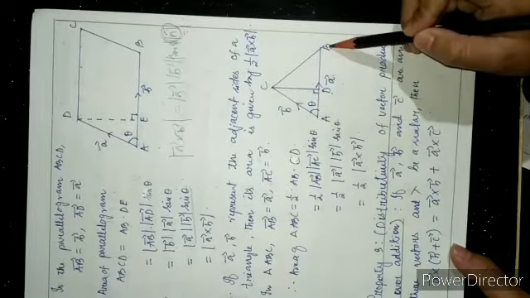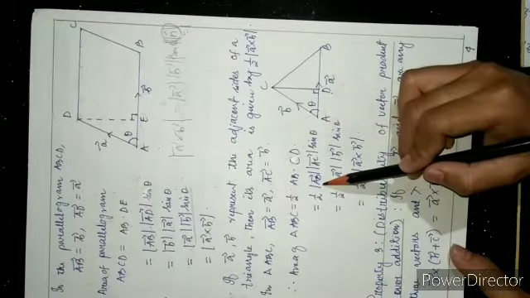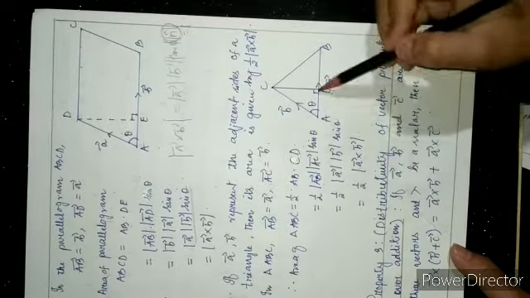This is the magnitude of AB vector, and this is CD.